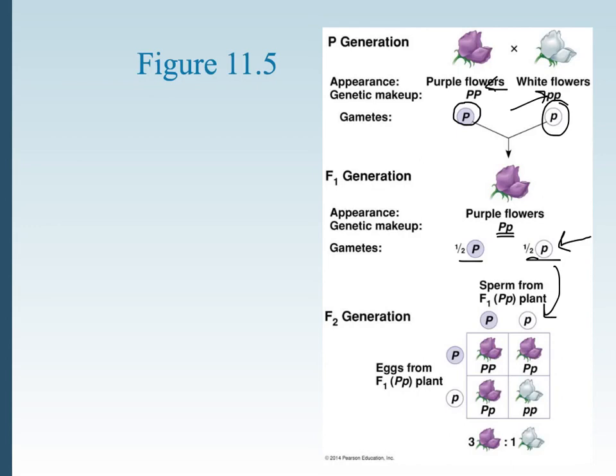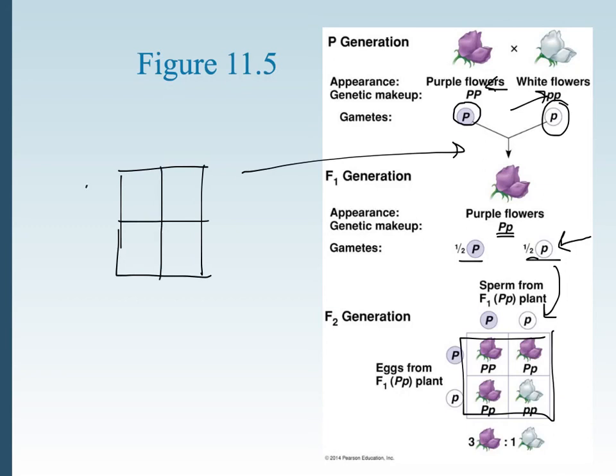This leads me to a handy trick when it comes to doing Punnett squares. We're very used to seeing the 2x2 Punnett squares, or when we're doing dihybrid crosses, the 4x4s. But in reality, if you're only making one gamete, you don't have to do all those squares. Up here, we know we only have one kind of gamete.